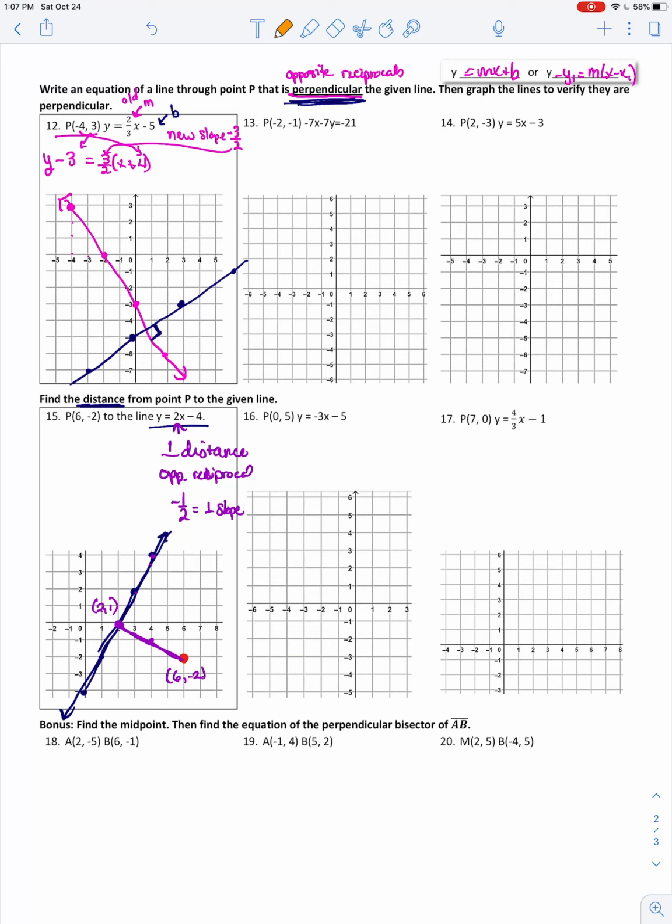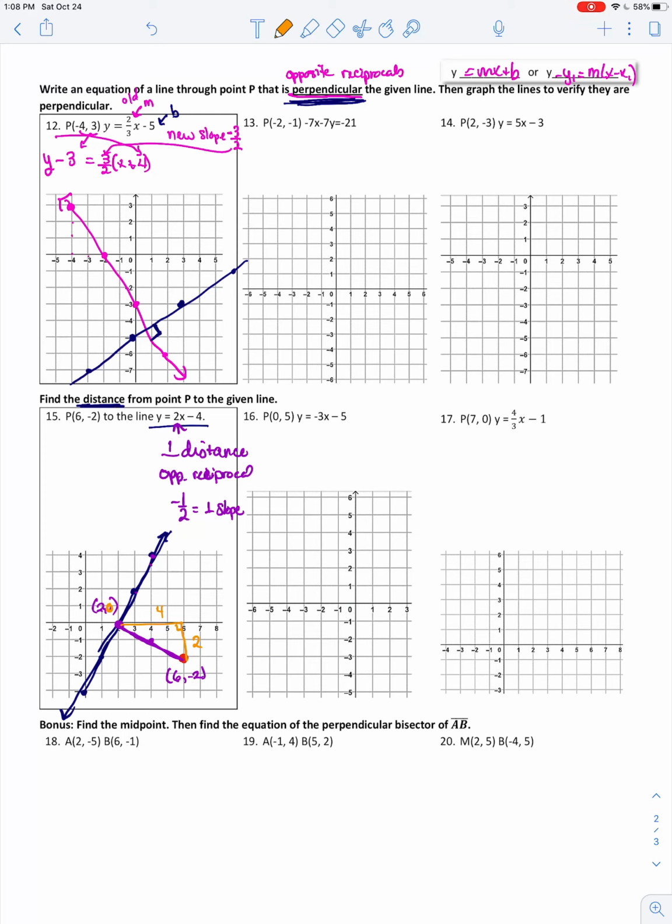How far is it between 2 and 6 horizontally? That's 4. And between our y-coordinates, how far is it between, apologies, 0 and -2? That's a -2, or 2 as a positive distance.